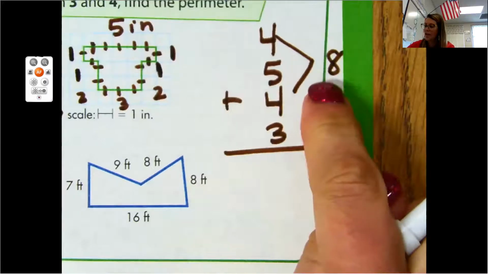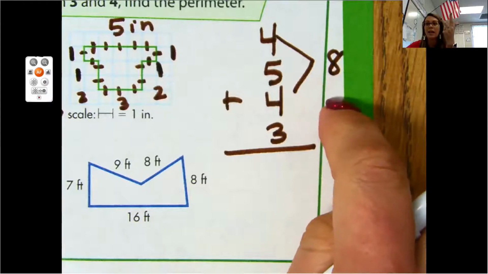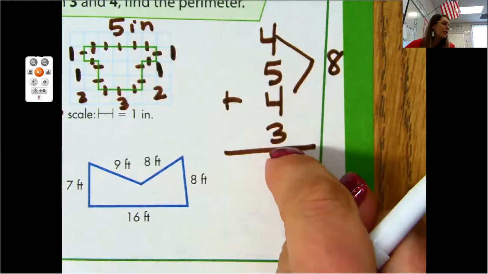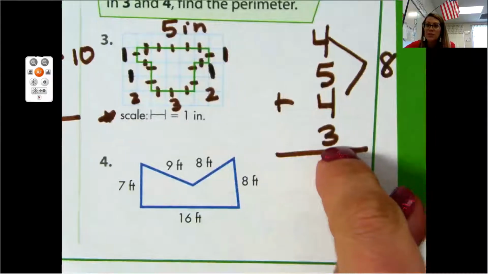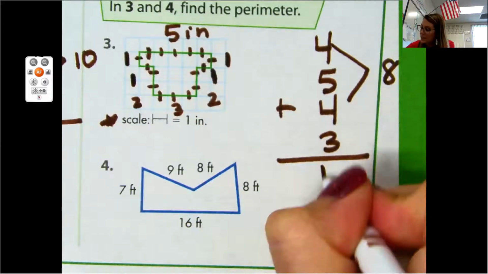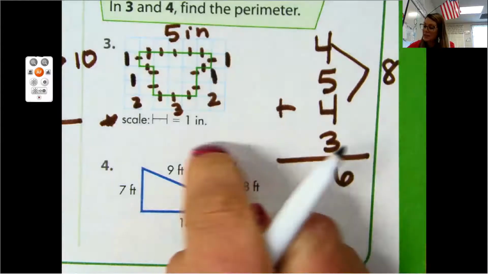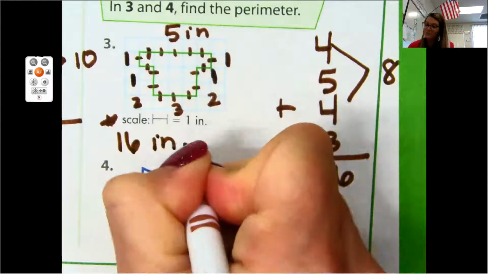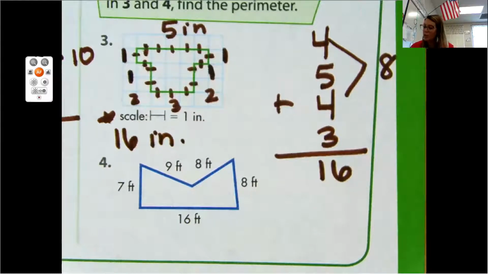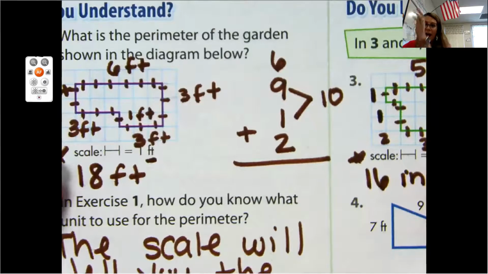All right, then 8 plus 5, what would that be? 8, 9, 10, 11, 12, 13. And then if we add 3 more, what's 13 plus 3? 16, right? 16 what? 16 inches.